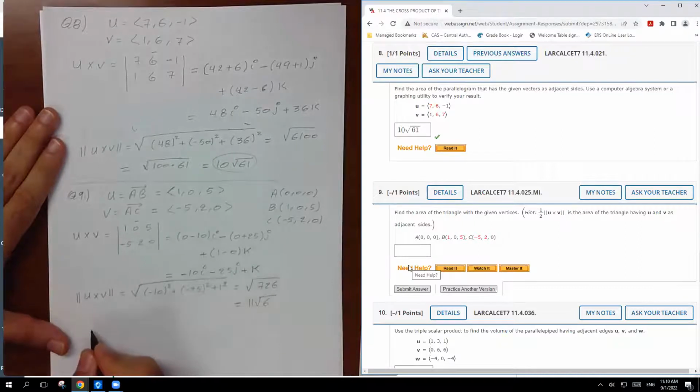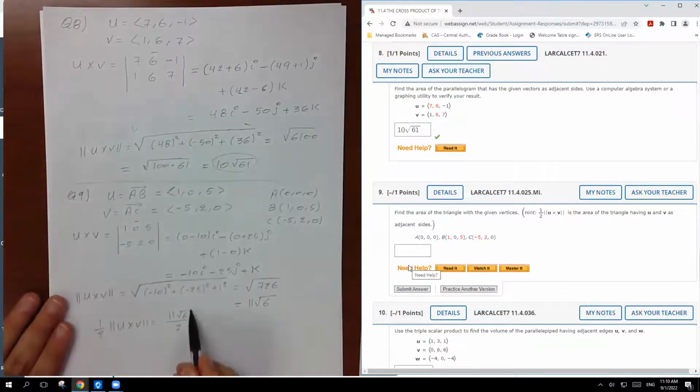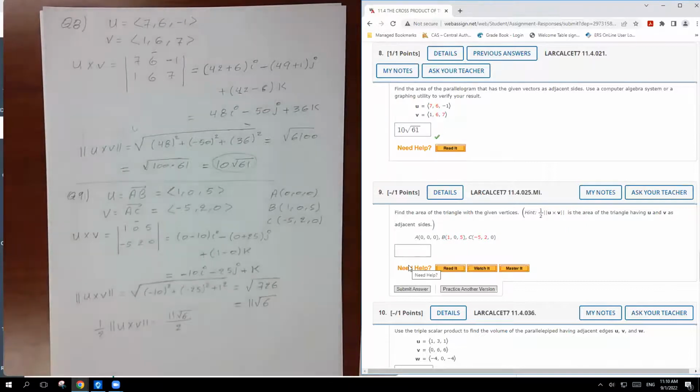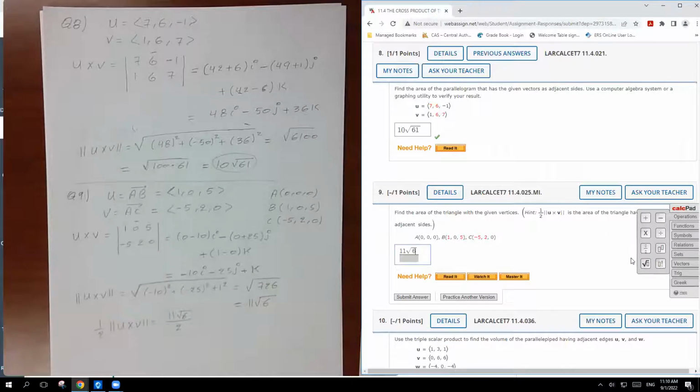That means half, which is the area of the triangle, is going to be 11 square root of 6 divided by 2. That's it. So this is the area of the triangle.